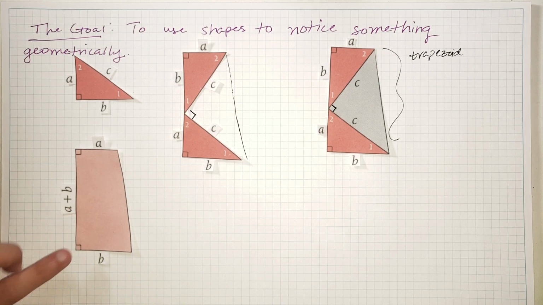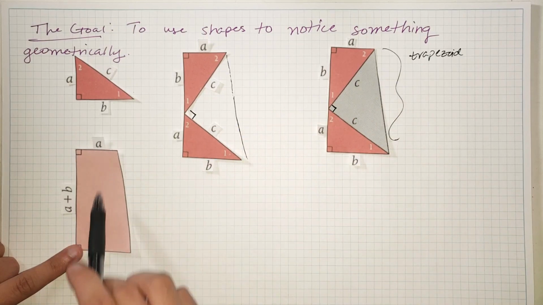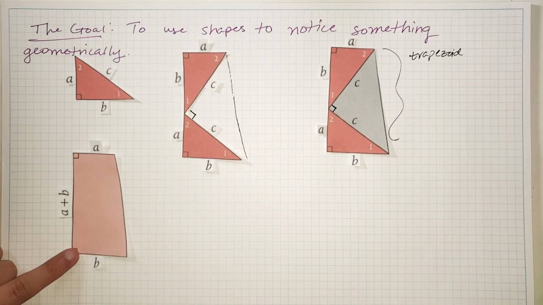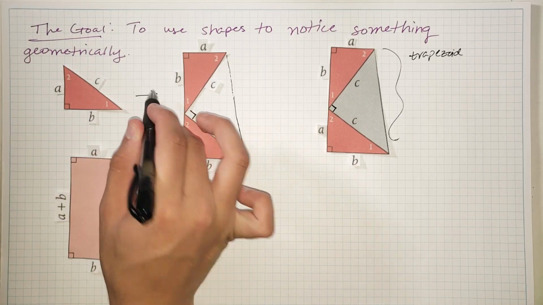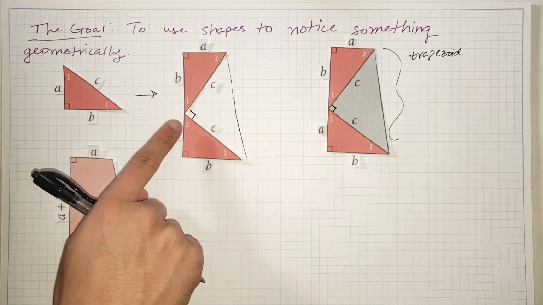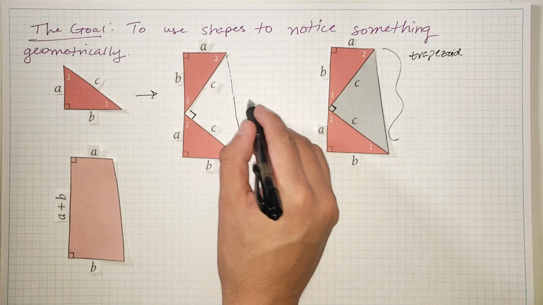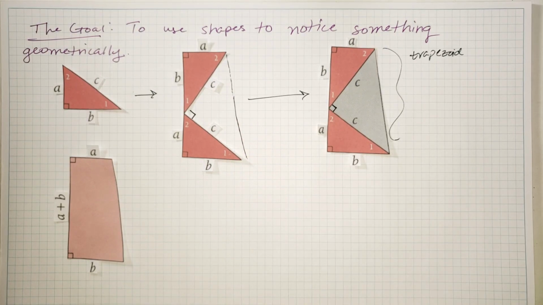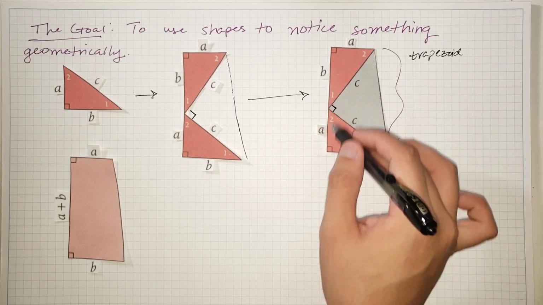The top stays the same, which is A, and the bottom is B. So far we've gone from this one up here to stacking them up so that they look like this. Then we went from a general trapezoid to an exact trapezoid, and then we changed this length.